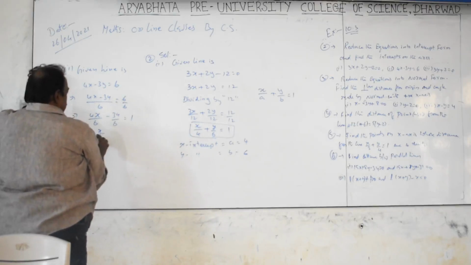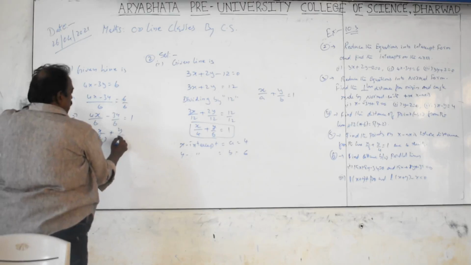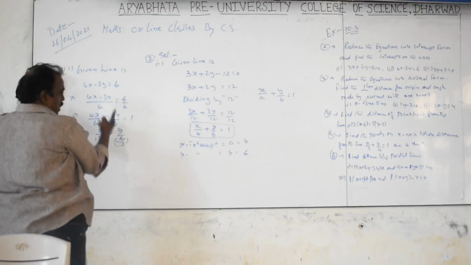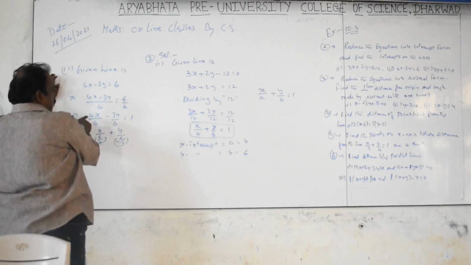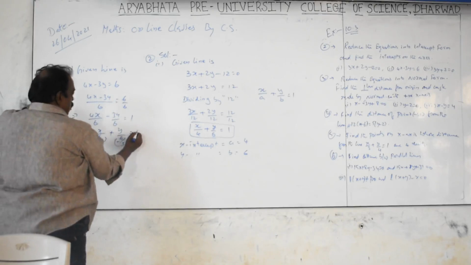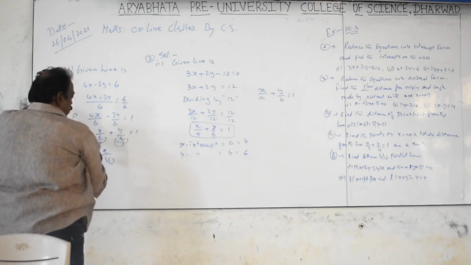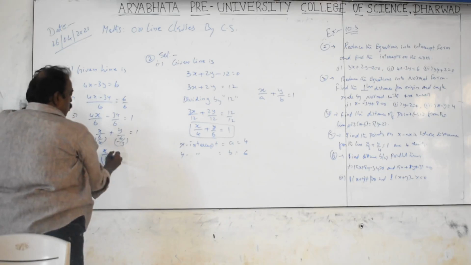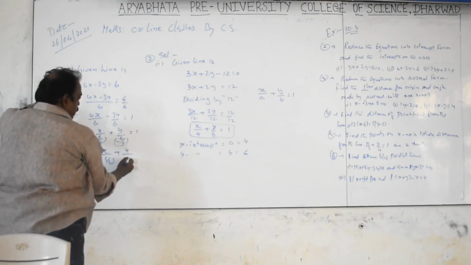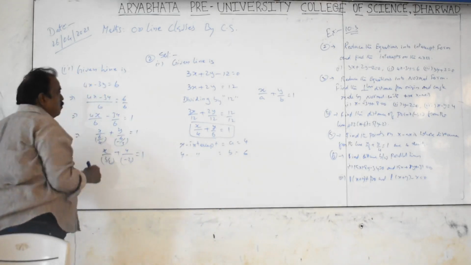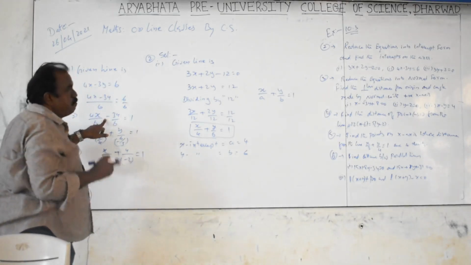It is x by 6 by 4, y by 6 by minus 3. I am taking minus 3 as denominator, 4 as denominator, is equal to 1. It is x by 3 by 2, and y by minus 2 is equal to 1. Be careful now, we have to get plus only.